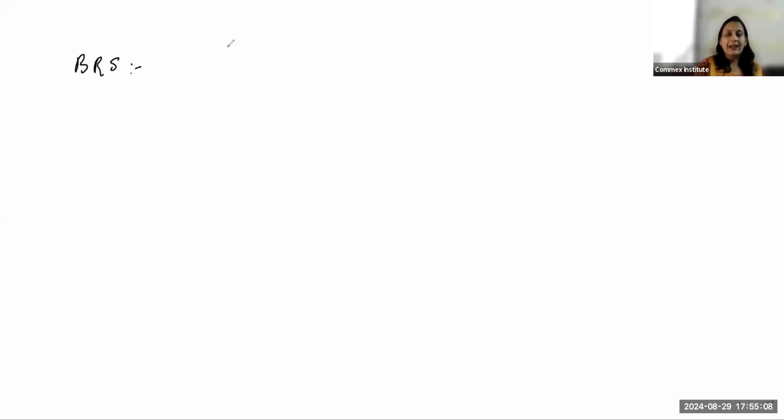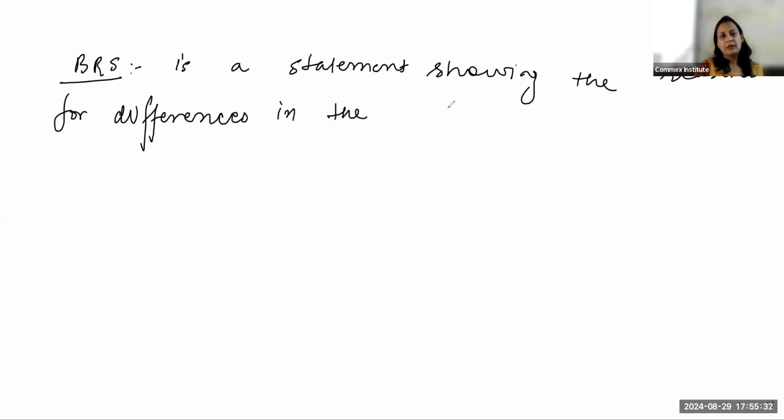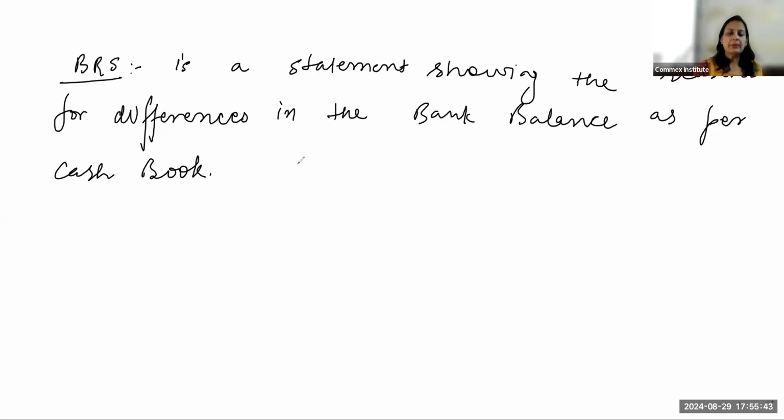So bank reconciliation statement is a statement showing the reasons for differences in the bank balance as per cash book, which is maintained by the cashier, and passbook, which is maintained by the banker.